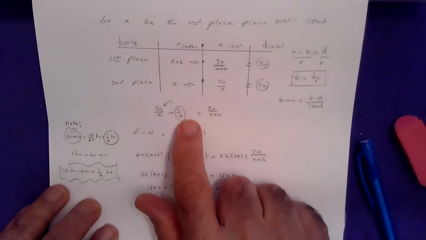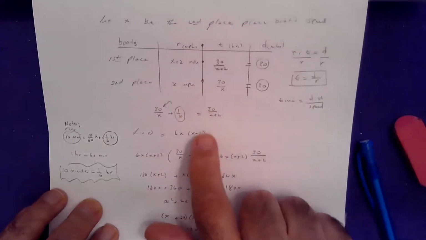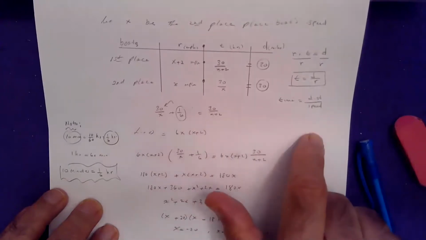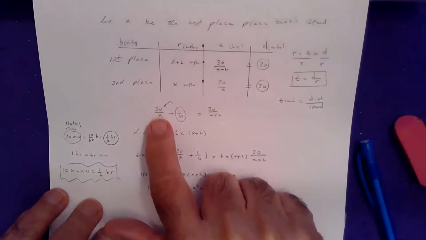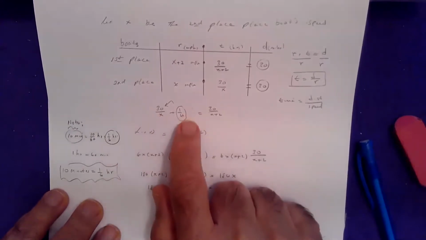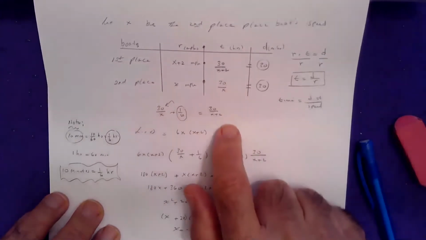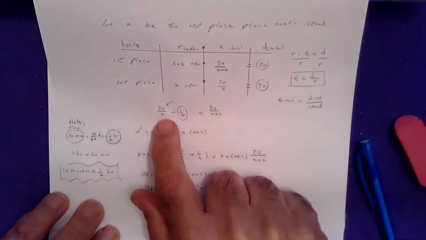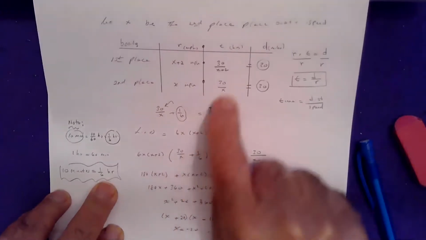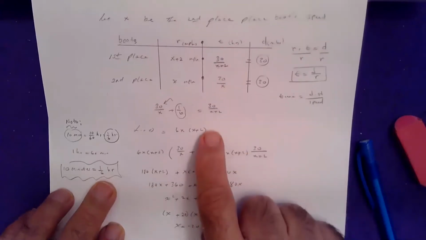Do you see? So same thing goes here. We always add the amount of time which one boat or one car or one train or one plane is ahead of the other one to the slower one. In this case, we add that 10 minutes, which is 1 over 6 of an hour, to the slower boat and set it equal to the time of the faster. So this is the time of the slower boat plus that 10 minutes equals this time of the first place boat.